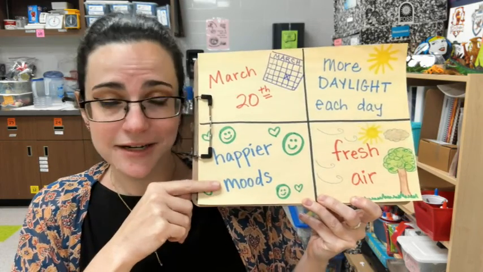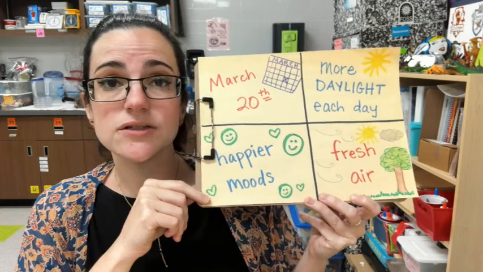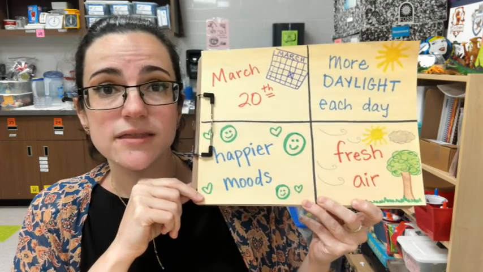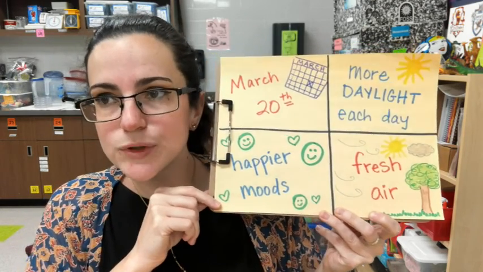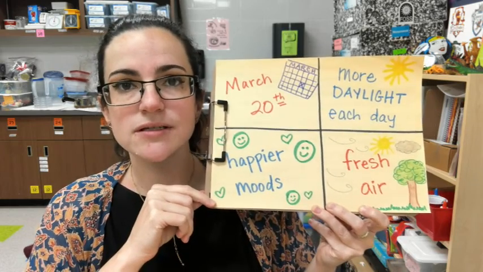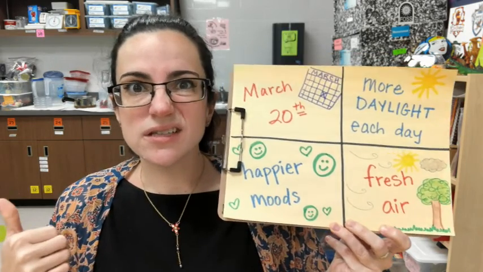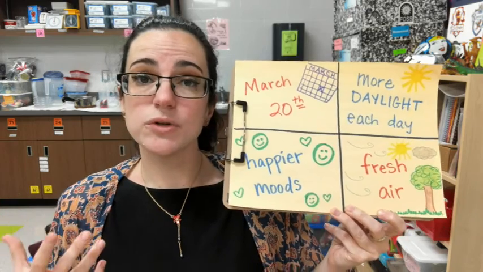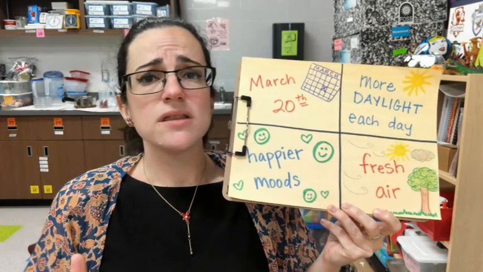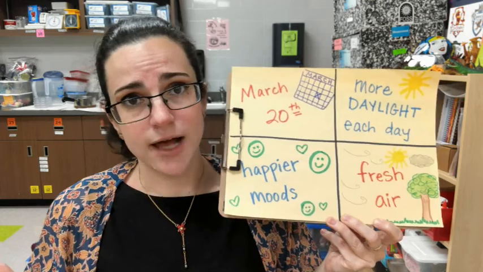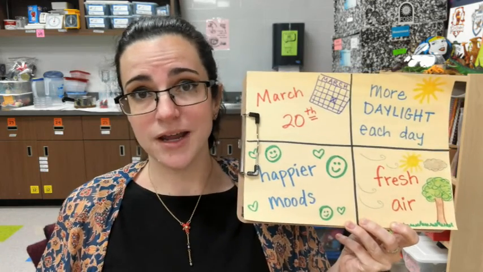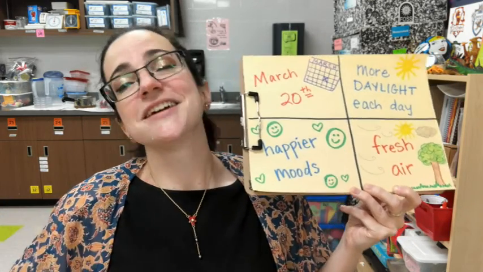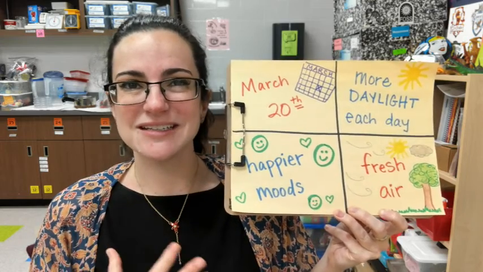And some scientists have actually done studies that show that the season of spring just brings happier moods, because in winter we're kind of stuck inside all day to stay warm, and in spring you can go outside, breathe that fresh air, see those blooming flowers, hear those birds chirping, bask in the sun, and it just brings a happier mood.